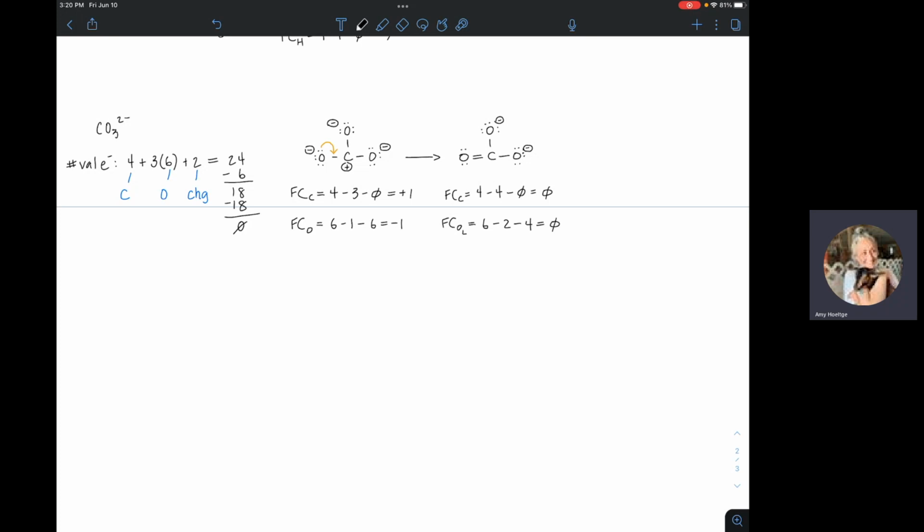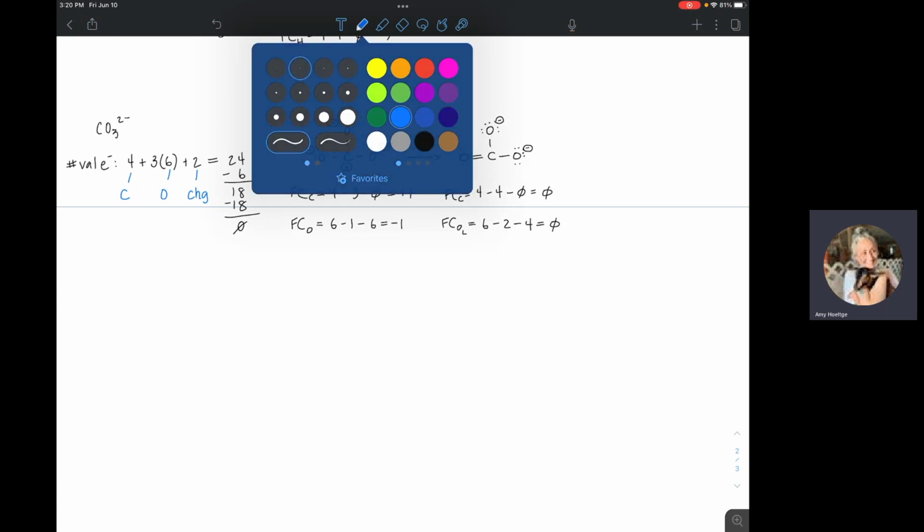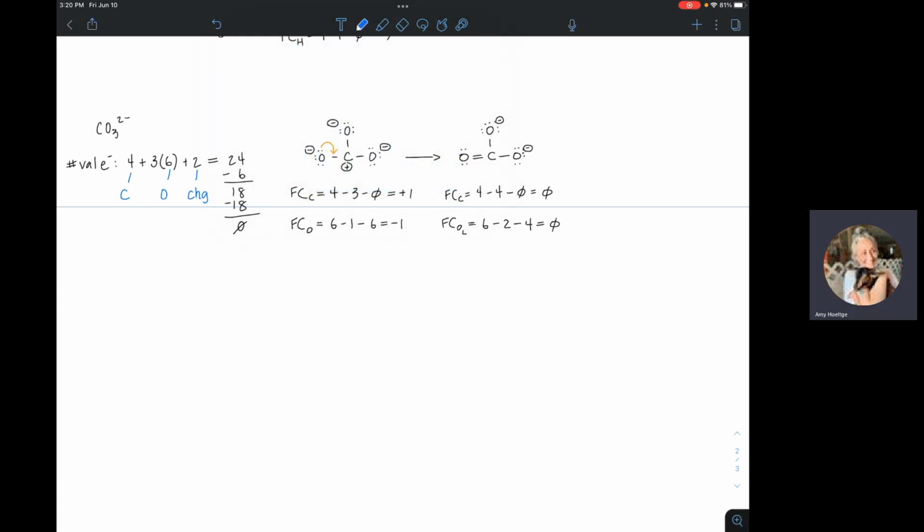What you can do is move the double bond. Let's put the double bond here instead of on the left. But when you do that, instead of putting 10 electrons around carbon, you push these electrons back to this oxygen. We get what we call a resonance structure.